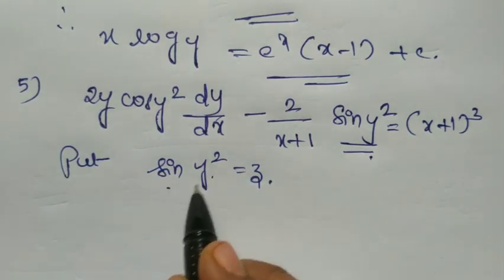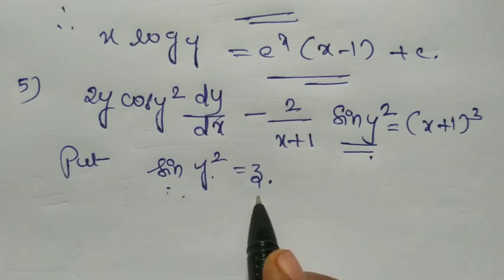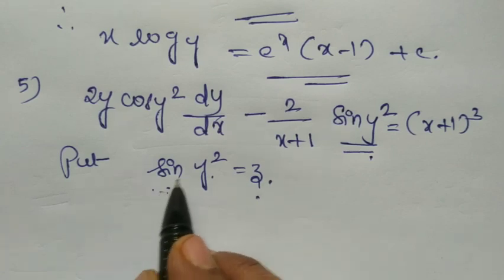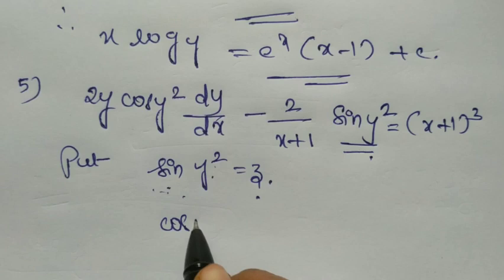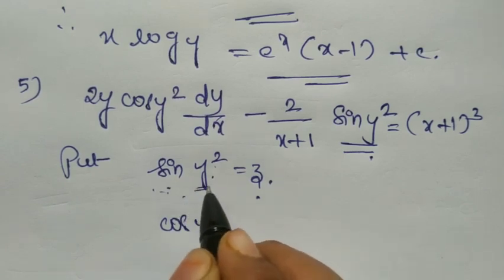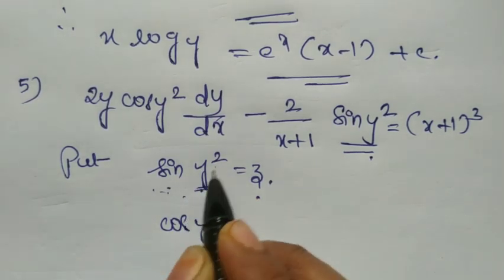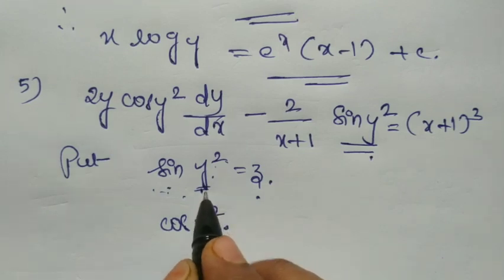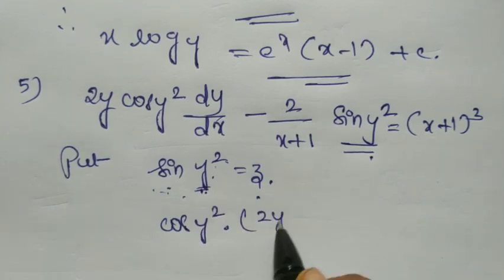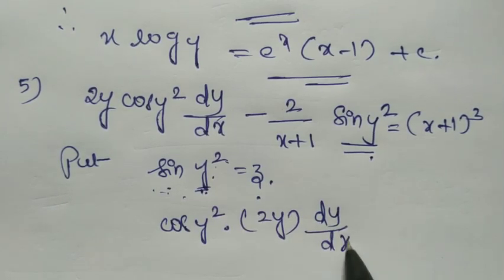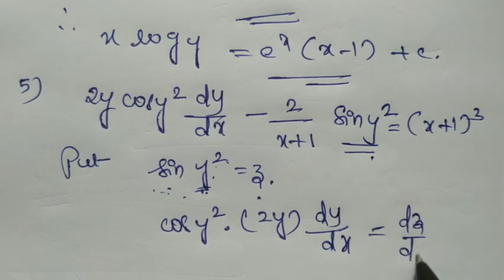Differentiate with respect to x on both sides. The derivative of sin y² is cos y², and then again differentiating y² with respect to x gives 2y dy/dx, equal to dz/dx.